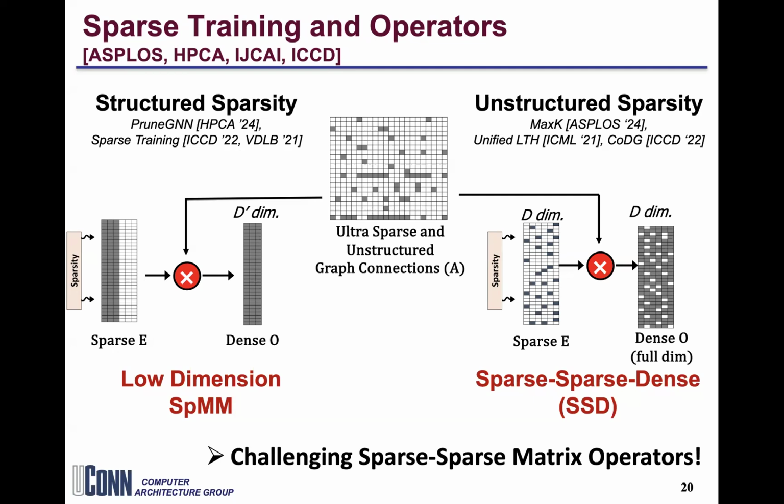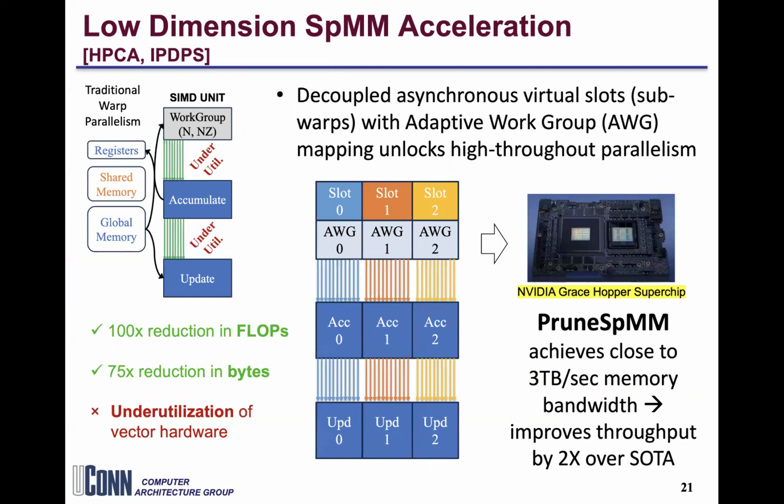What happens with these operators now is our sparse dense multiplication has become more of a sparse sparse multiplication, which is an even harder operator to scale. So we unlocked these frameworks, but then the question was, can we take advantage of performance in these resulting operators?